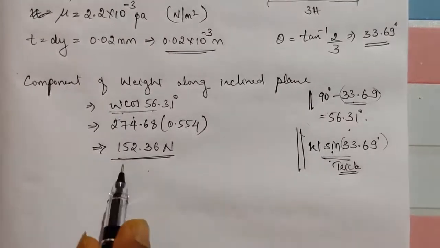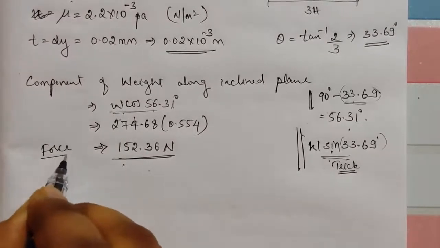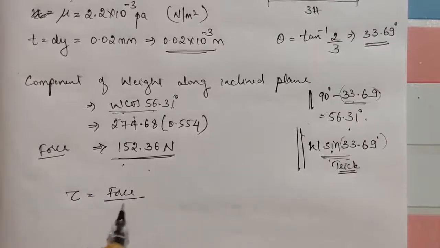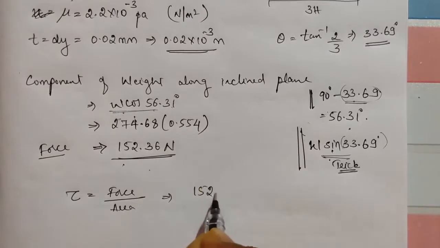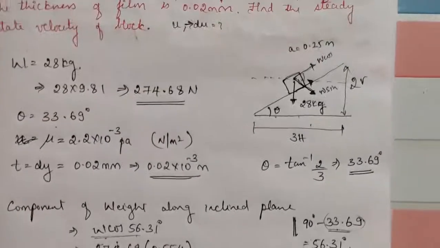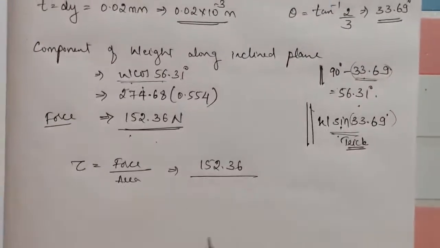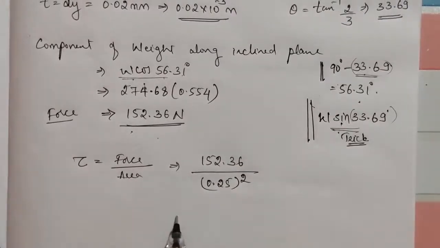This is the force, right? So what we know, shear stress is equal to force by area. The force is 152.36. What is the area? Area of the square, A equals a square, where one side is given as 0.25. So 0.25 square.